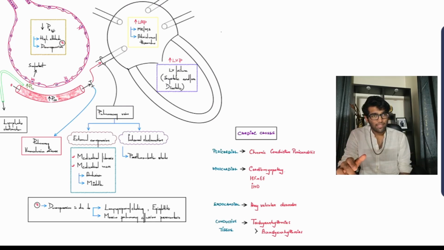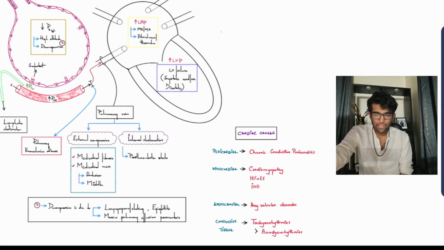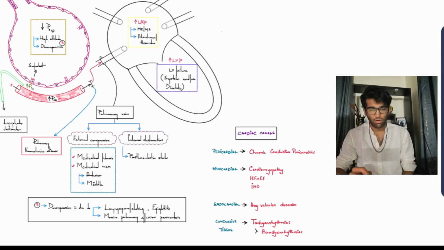Now, as you can see in this diagram, this is a diagram that enumerates all of the causes of pulmonary edema, and we'll be discussing it in detail in our discussion on pulmonary edema.